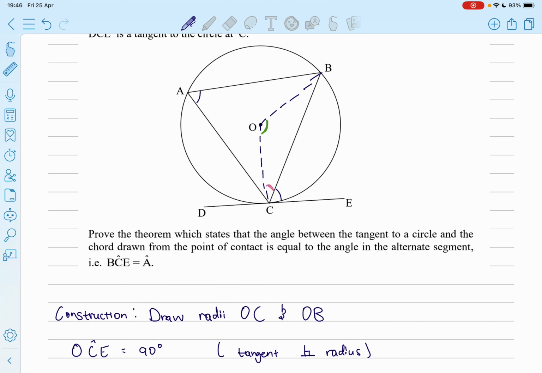All right, so now that we have COB, which is over here, we can therefore get the value of angle A. So angle A will be half the size of angle COB because of the angle at center.